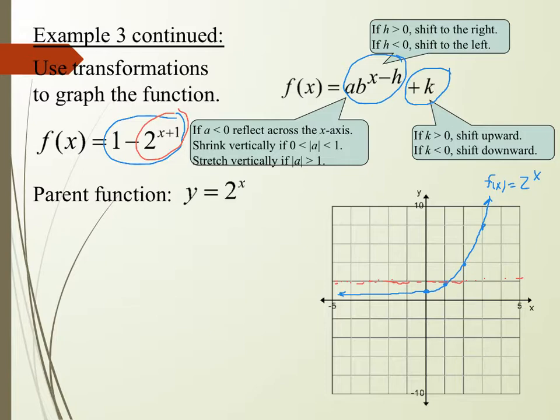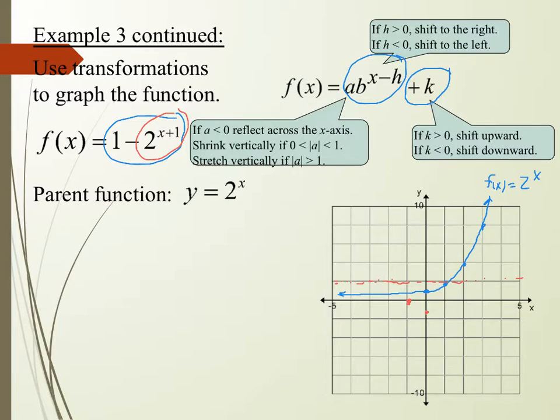When x is at minus 1, we know the function crosses right here at (-1, 0). We also know that when x is 0, we're at negative 1 here, right?